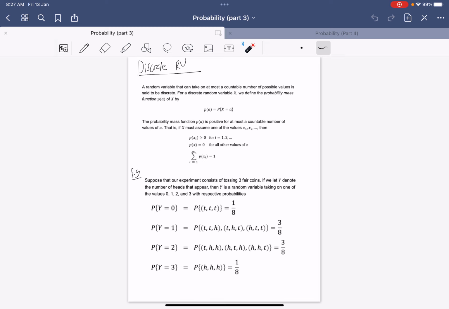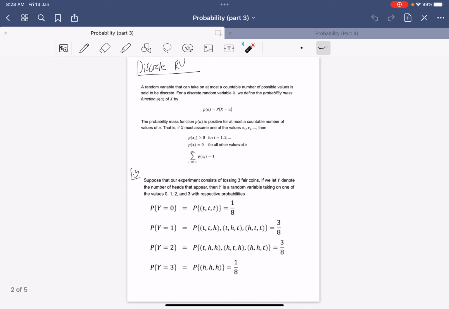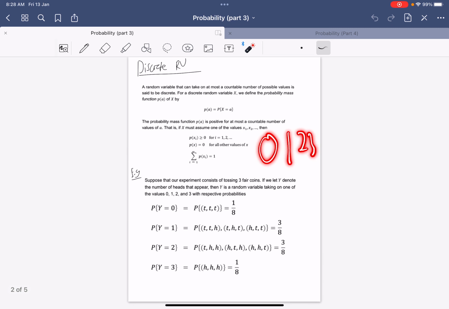Let's take a look at this example. Let's say we denote the random variable Y as the number of heads appearing when we toss 3 fair coins. Then it's possible to have no heads, 1 head, 2 heads, or 3 heads. The probability of Y equals 0 is 1 over 8. For 1 it is 3 over 8, for 2 it is 3 over 8, and for 3 it is 1 over 8.